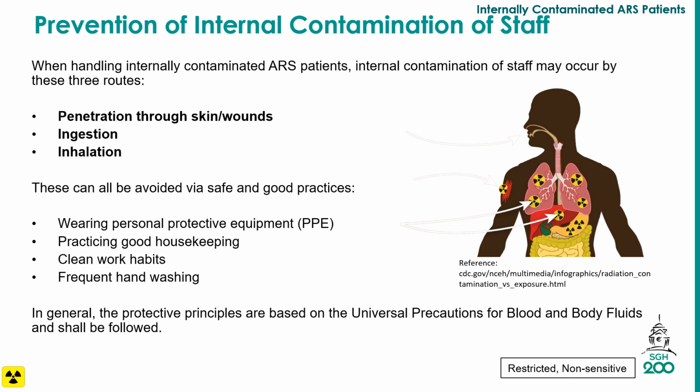And of course, this can be avoided by safe and good practices, by wearing PPE all the time when you're dealing with patients and their body fluids, practicing good housekeeping, clean work habits, and of course, frequent hand washing. Now, nurses, what works for COVID-19 will certainly work for this group or cohort of patients who have got ARS and are also internally contaminated with radioactivity.